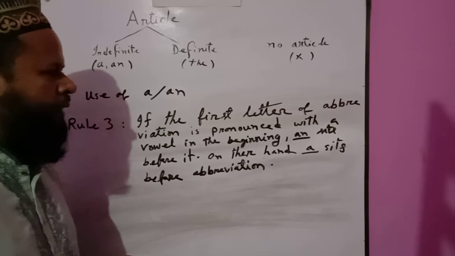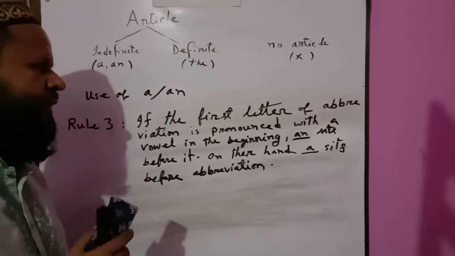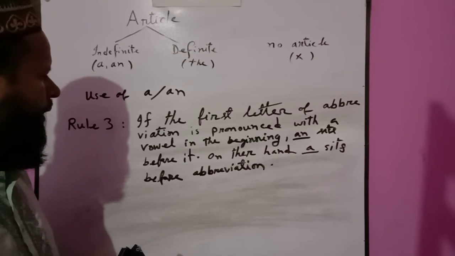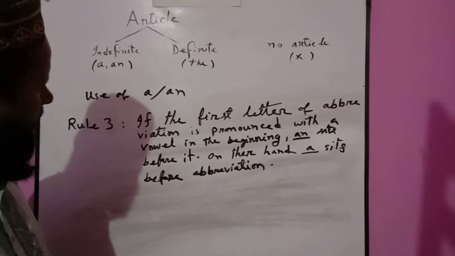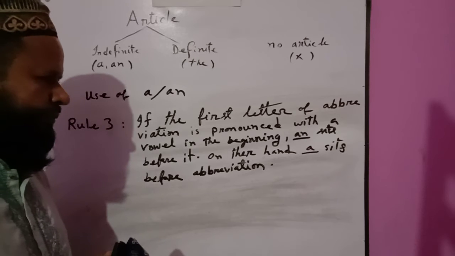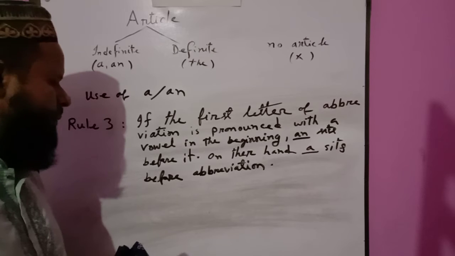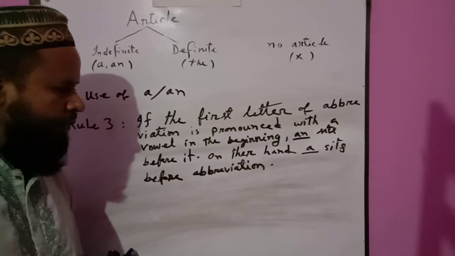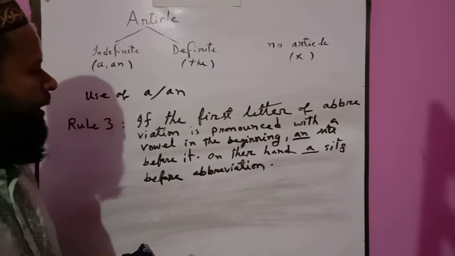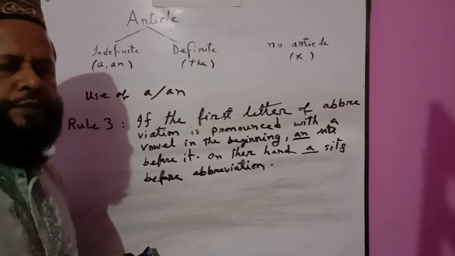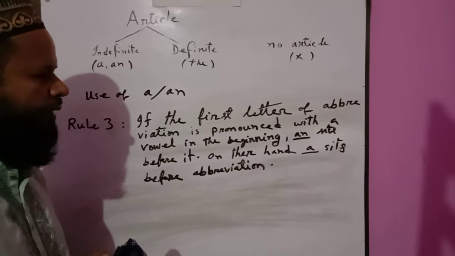There are some letters in an abbreviation, and if the first letter of the abbreviation is pronounced with a vowel in the beginning, then an will sit before the abbreviation. But if the first letter of the abbreviation is pronounced with a consonant, then a will sit before the abbreviation.